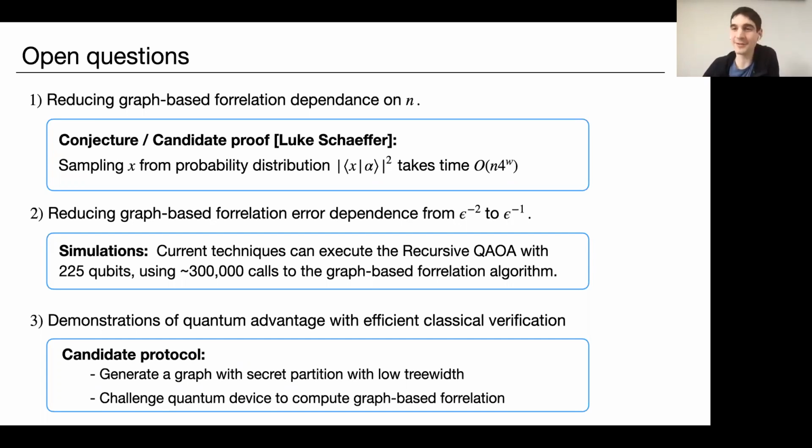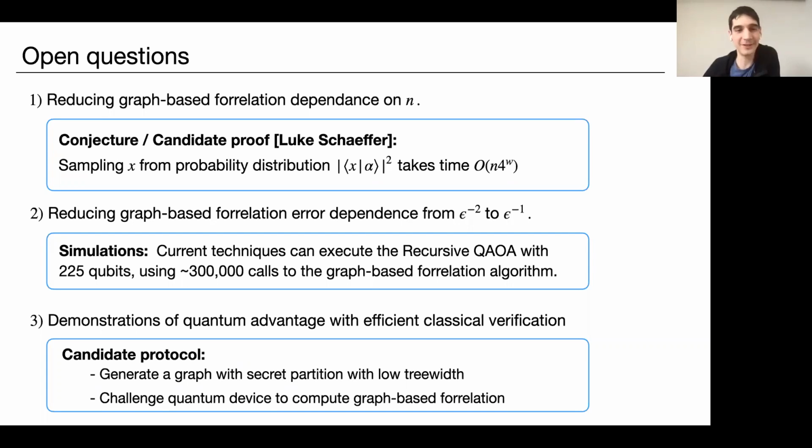We haven't written out all the details, but we can probably do the sampling task in something that takes n times something that's exponential in the tree width. And so this would reduce the entire time of the graph-based correlation problem to something that's not quadratic in n, but linear in n. So now we have an algorithm which is probably linear in n, but still quadratic in epsilon.